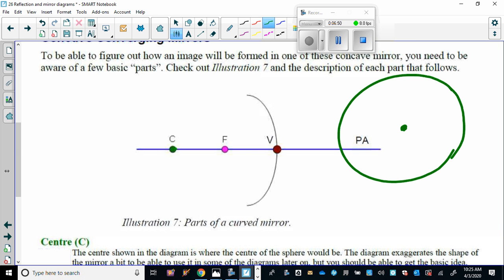So if I could extend this mirror right here, this is not really a part of it, not very curved in the right way, then the C is just the center of the mirror. F is the focal point, and it is always halfway in between the center and the actual mirror. V is the vertex. That's where the mirror meets this line here, which is called the principal axis, the PA.